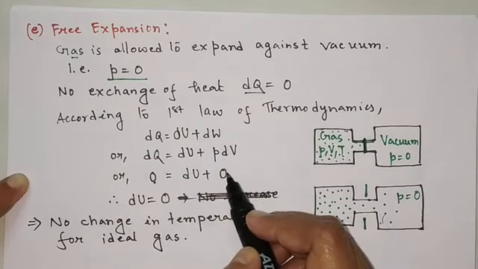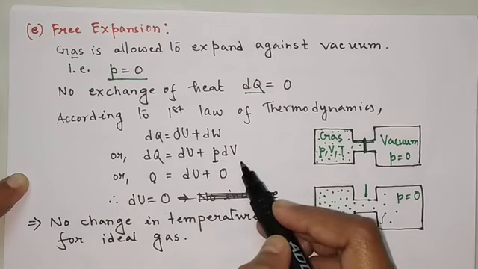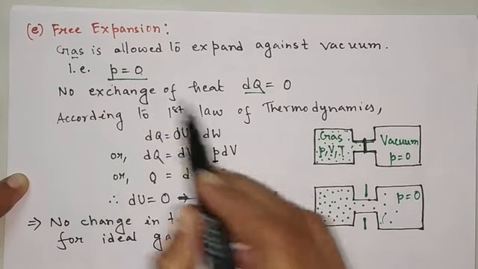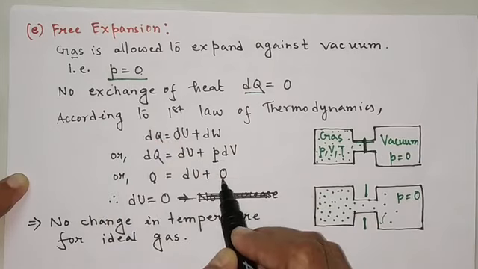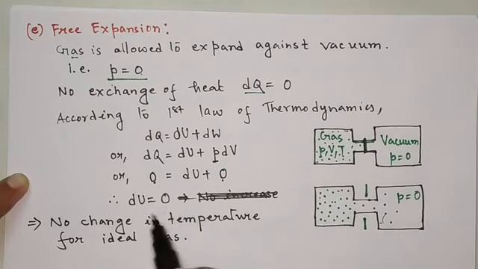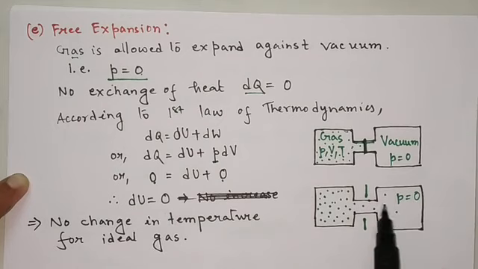The work done is also 0 because the gas is expanding against 0 pressure, against vacuum. So we have for the free expansion du equals 0. Du equals 0 means in case of a free expansion there will be no change in internal energy.